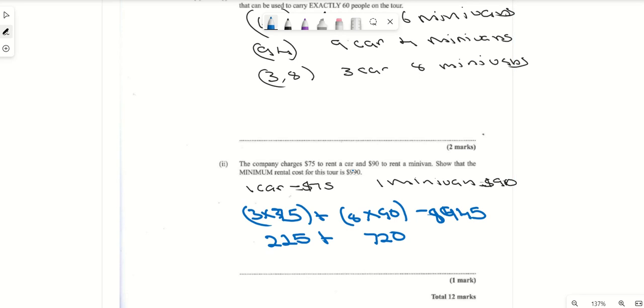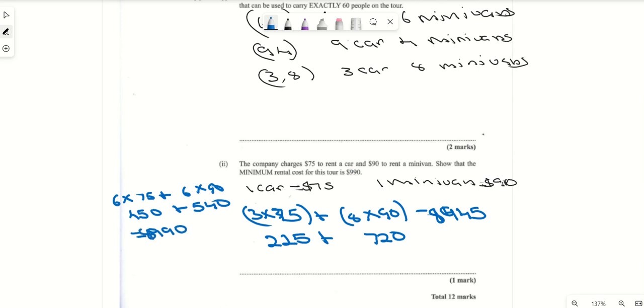So we're going to do the next combination, which is 6 cars, which is 6 multiplied by 75, plus 6 minivans, which is 6 multiplied by 90. When you multiply, that is 450 plus 540, which is equal to 990.